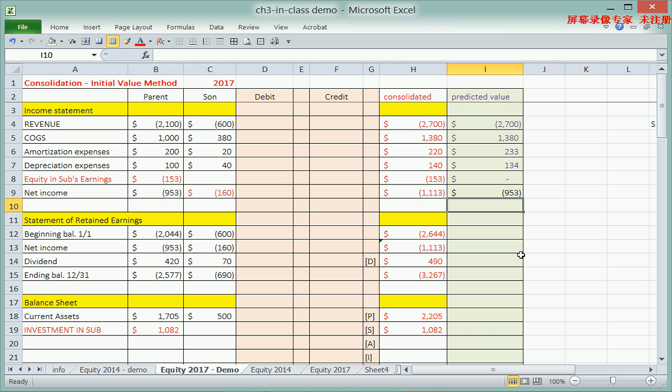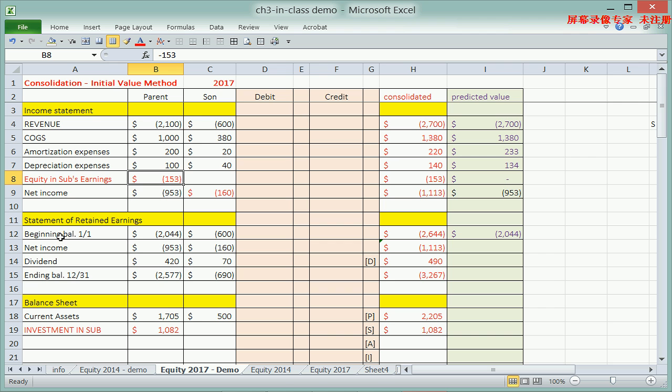The statement of retained earnings: the beginning balance of the retained earnings should be the parent's. This is so because if you look at the parent's income statement, the parent actually includes the subsidiary's earnings from before through the equity in subsidiary's earnings.